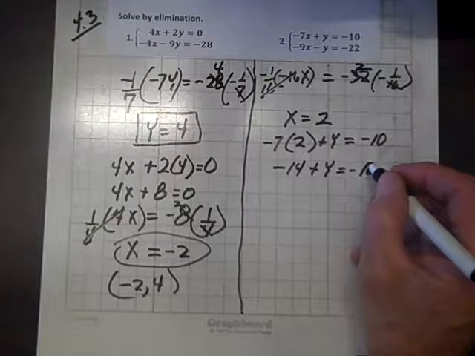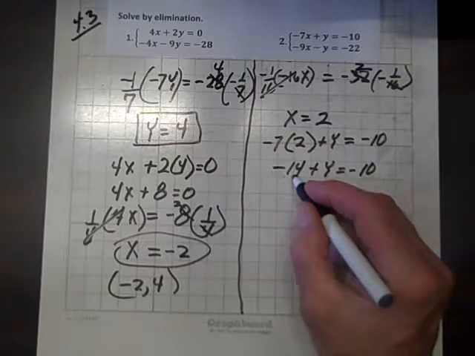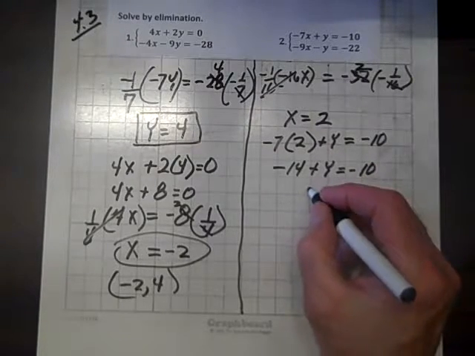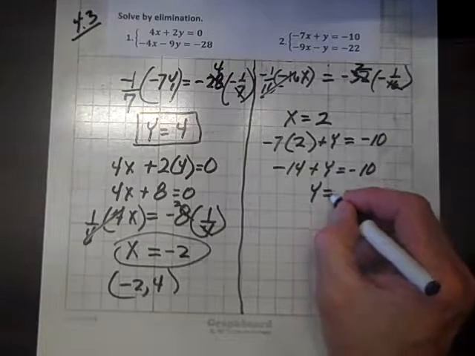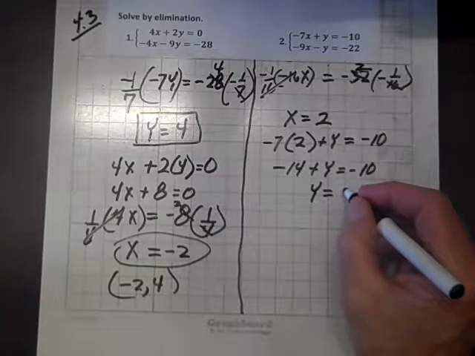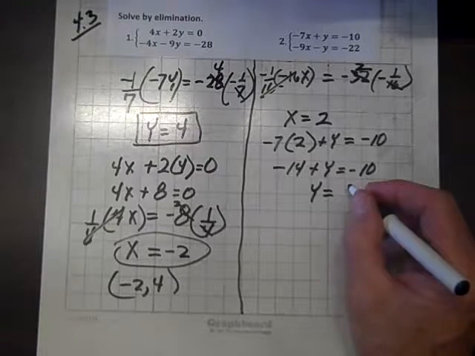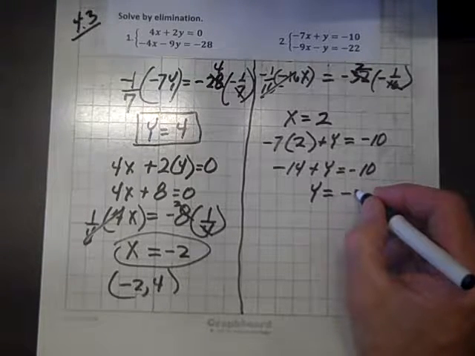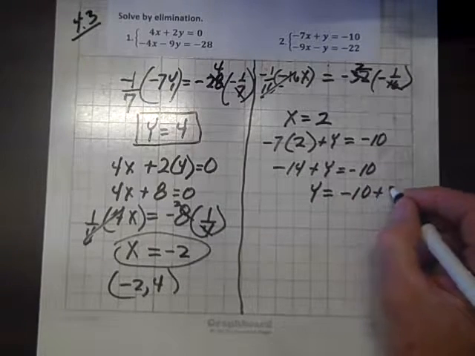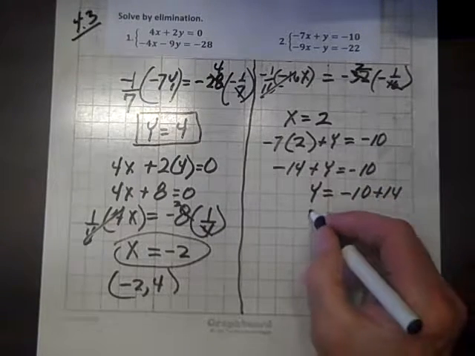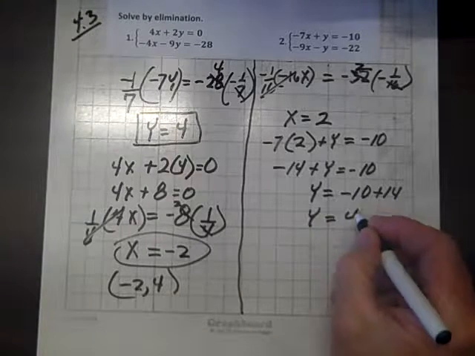So if we add 14 to both sides, adding 14 to this side will just give us back a y equals negative 10, and we added 14, plus 14, and we get y equals 4.